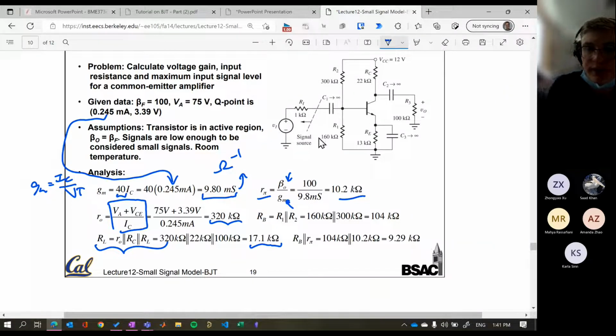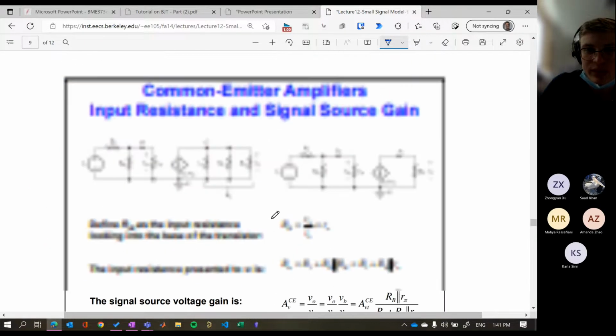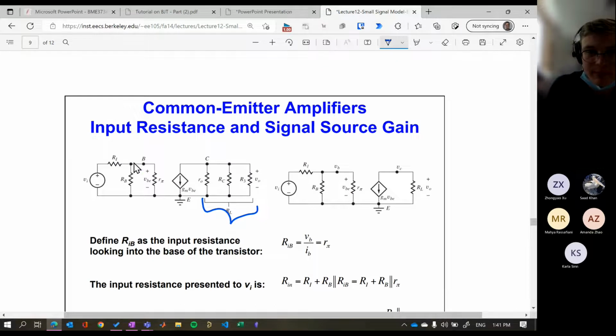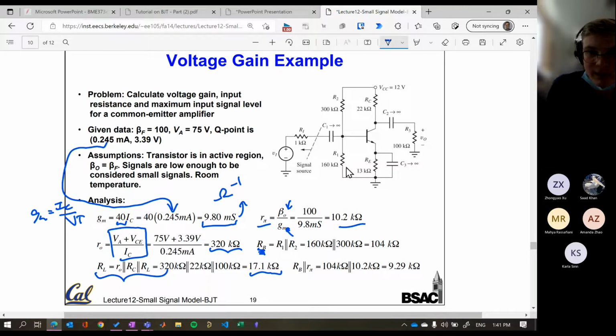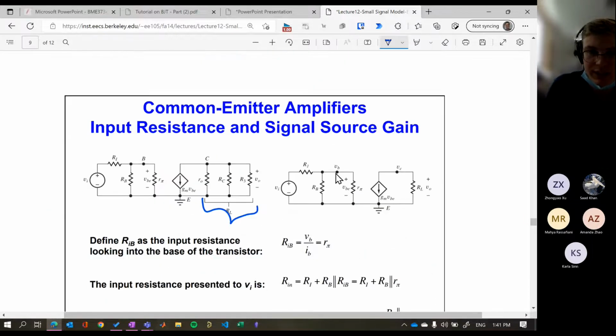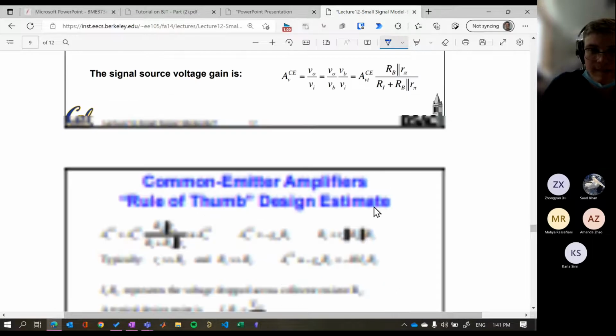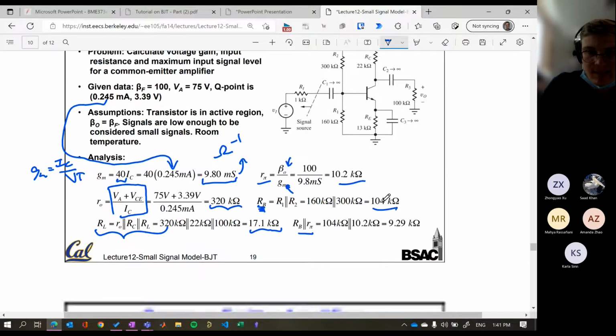And then RB is that weird Thevenin thing where we've taken these two in parallel. And then finally, we can find the parallel combination of RB and R pi, just like in this. We're going to lump these two together.